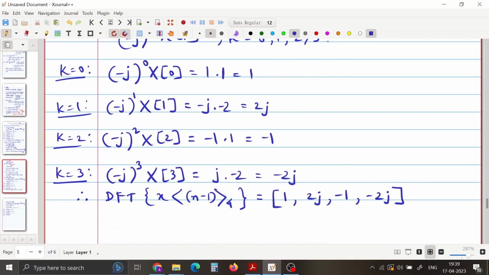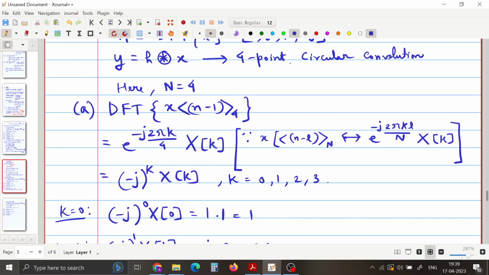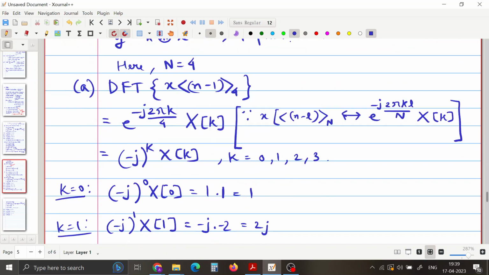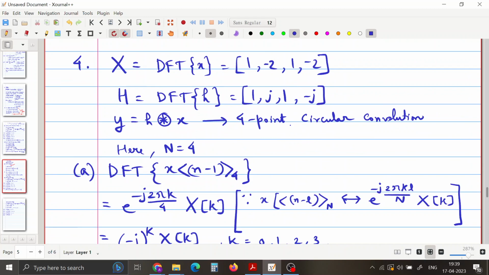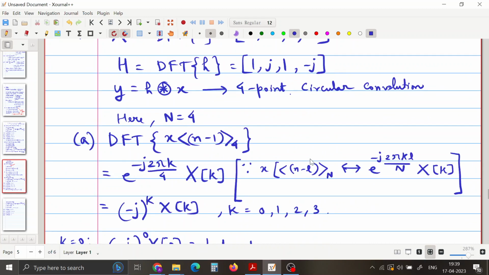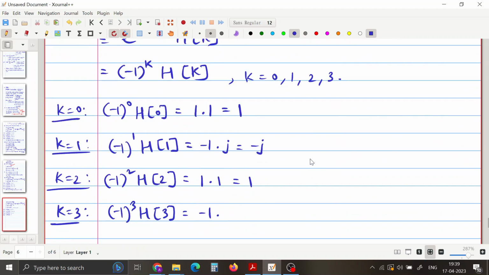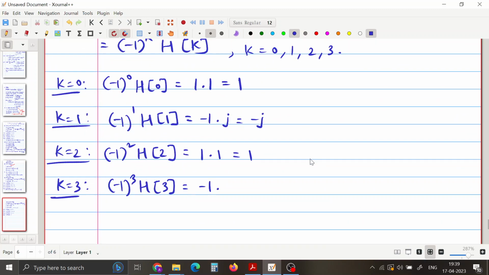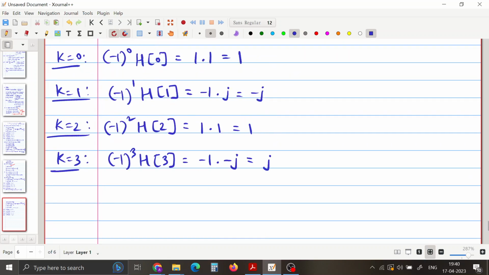Cap H of 3 is the last DFT coefficient, which is minus j. So this is j. Okay, so that's it.